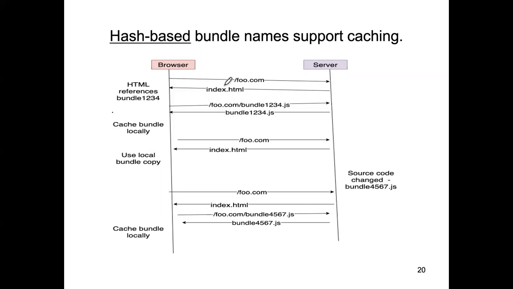In that index.html, there will be a link tag to each bundle that's required. Now my browser is going to request the bundle. Supposing one of the bundles has a hash value of 1234, just for simplicity's sake. It requests that bundle file and the bundle is returned back to the browser. Now the browser will cache that bundle locally.